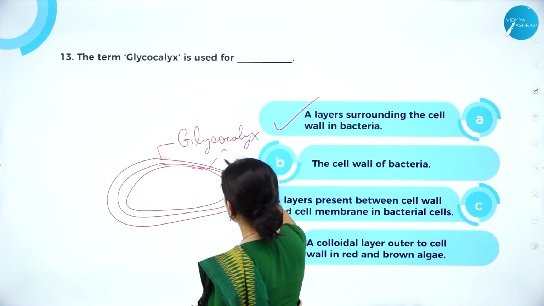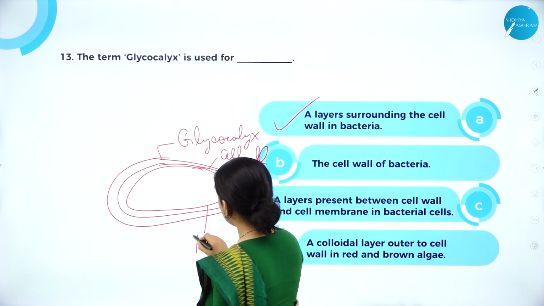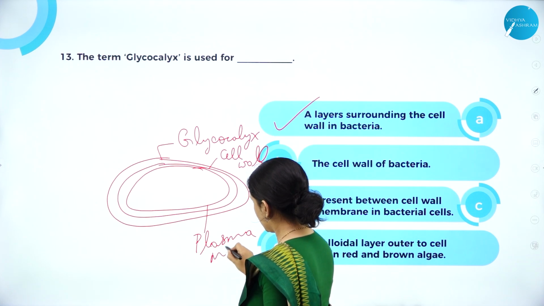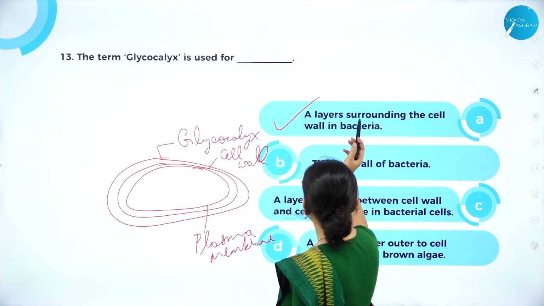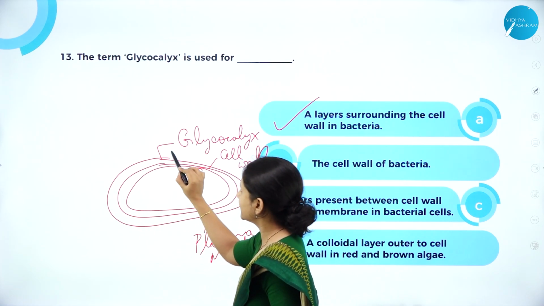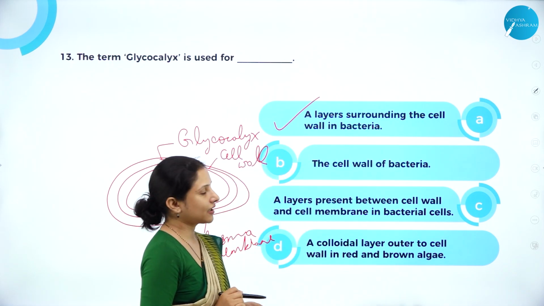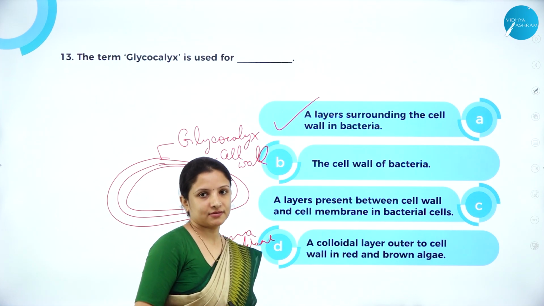Inner to the glycocalyx is the cell wall, and inner to the cell wall is the plasma membrane. So a layer surrounding the cell wall in bacteria is the glycocalyx. Option A is the right answer.